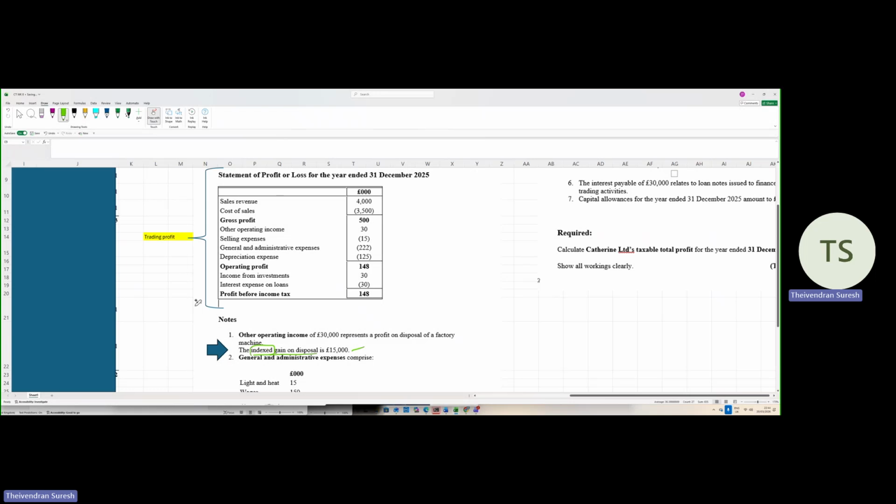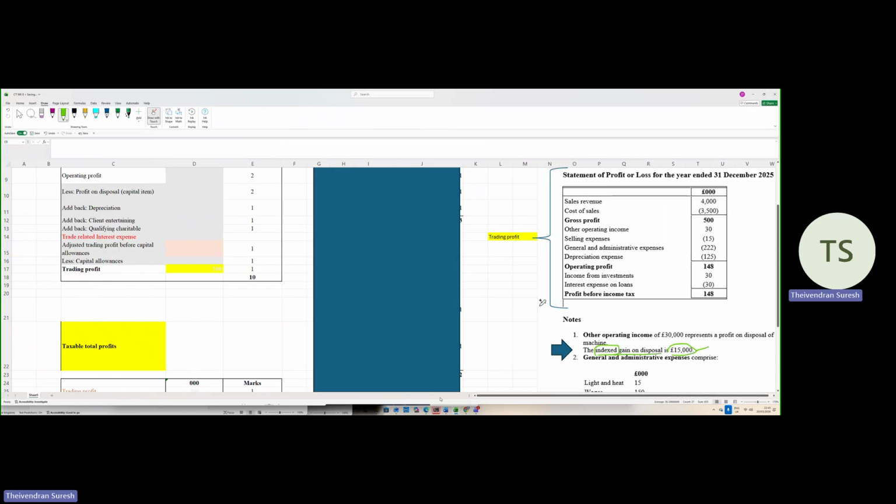Index is related to inflation. Companies are given allowances for the inflation, the increase in prices, but it was frozen from 2017 onwards. But it's very simple. We don't have to do any calculations. The examiner has given us the chargeable gain of 15,000.